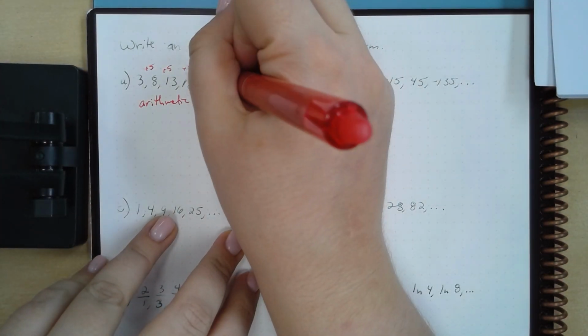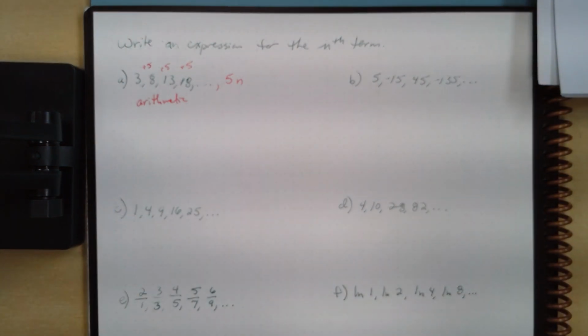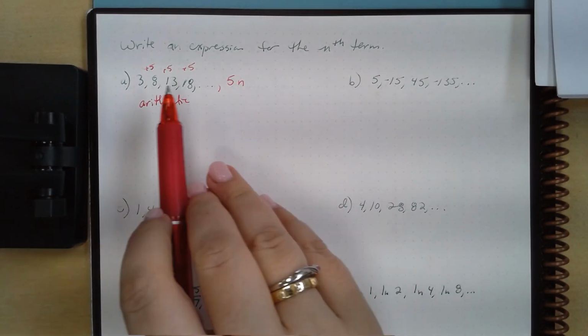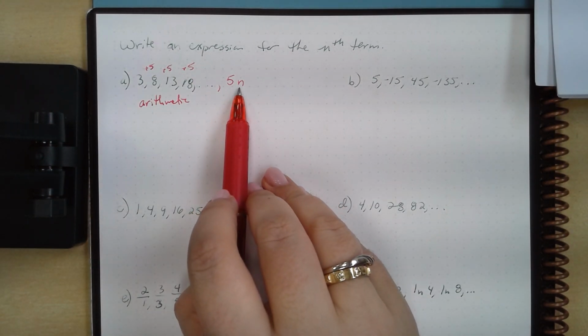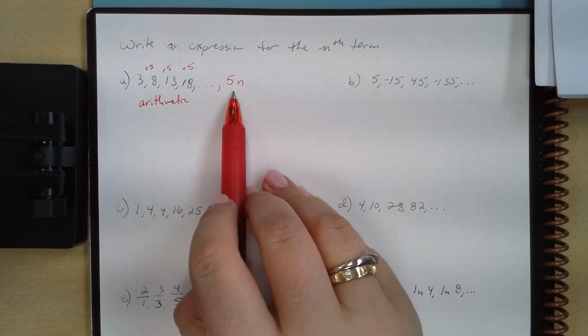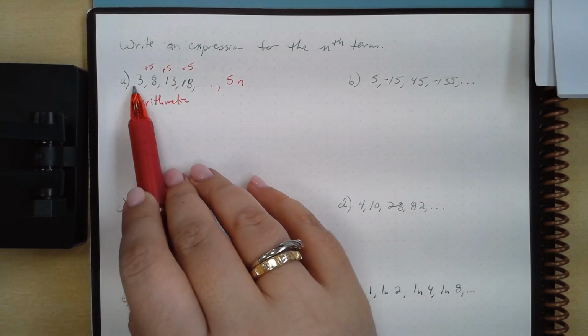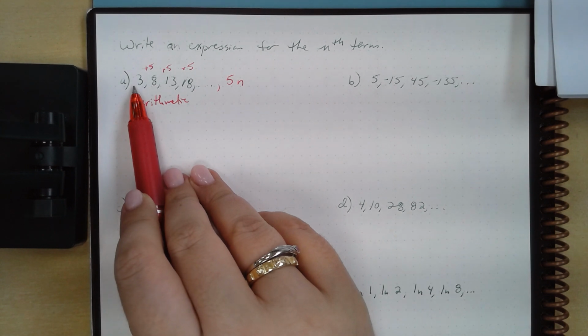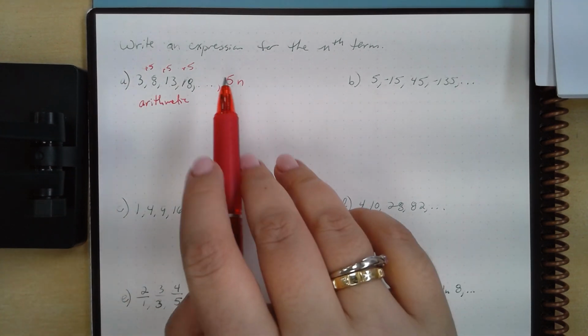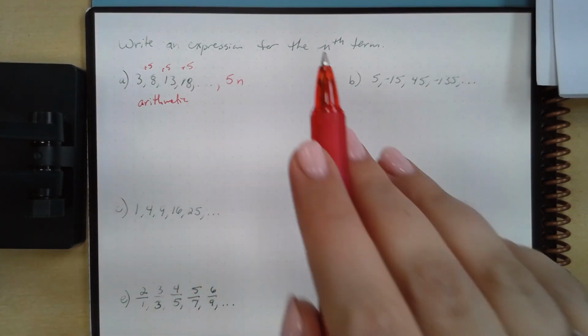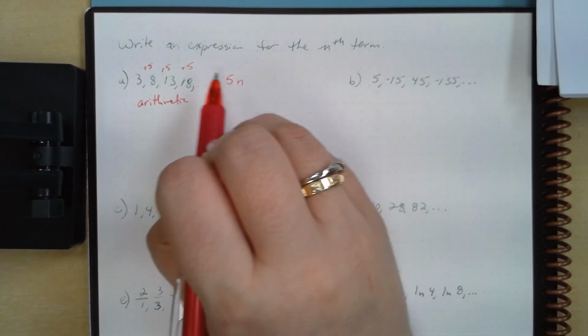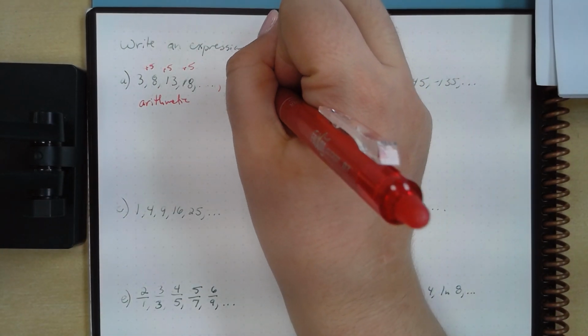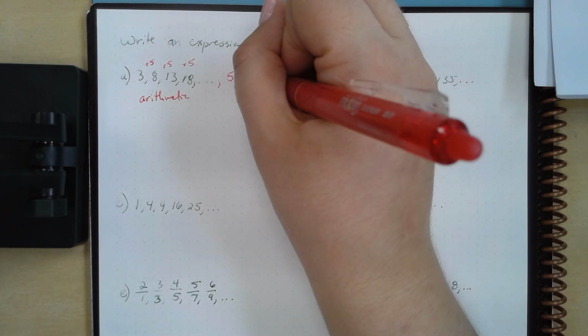So this is going to be 5n. But if I have n equal to 1, well, it's actually 5, and my first term is not 5. My first term is 3. So my nth term is actually going to have to be 5n minus 2 in order to get that correct term, right?